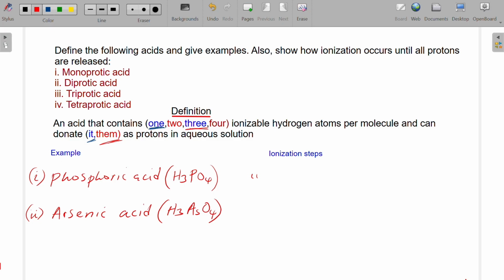So the first step, we're putting it in water. We'll have H₃PO₄ being put in water like that. Then on the other side, to show that what we are going to have on the other side is the hydronium ions as usual.